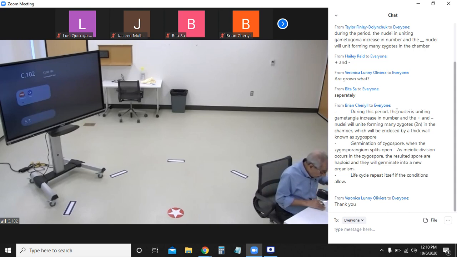To mention a few lines here: the whole sporangiophore means the whole cell is a single large cell.